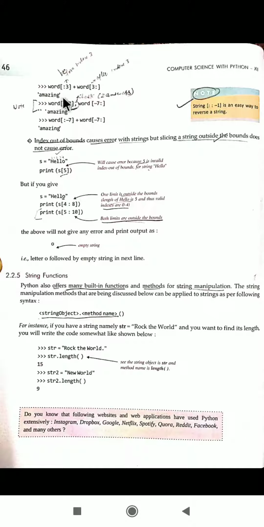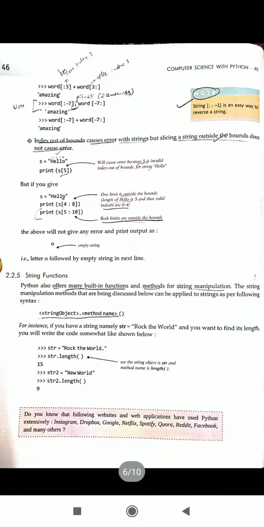Amazing. What it says is before 3 you should print and after 3 you should print. So before 3 you were having AMA and plus you have written this, so amazing will be completely printed out. You can try a few more examples, you will be able to get it.